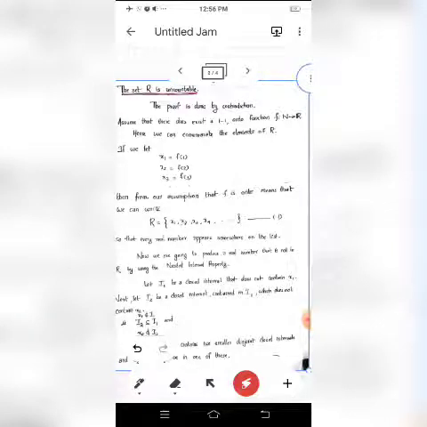We are assuming that the function is one-to-one and onto. What is the definition of onto?